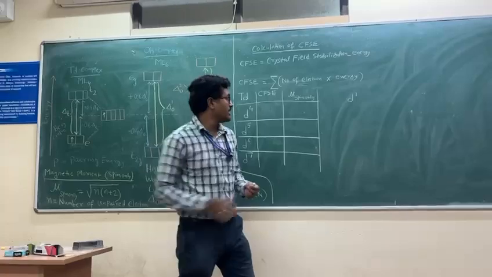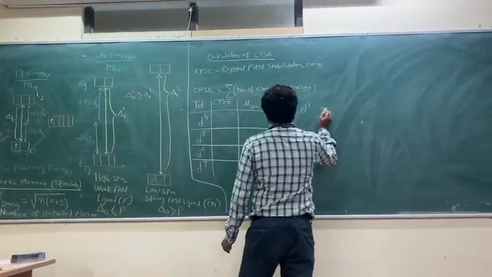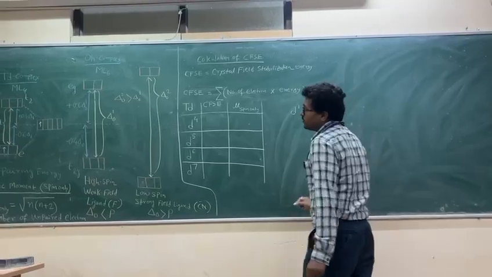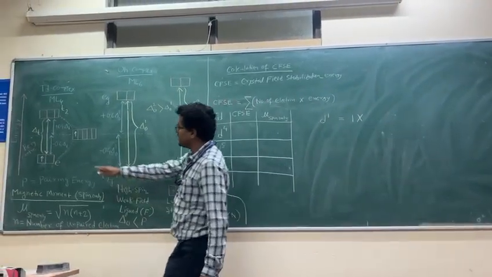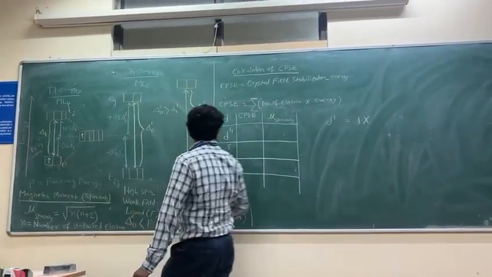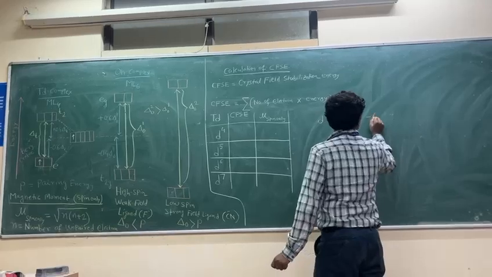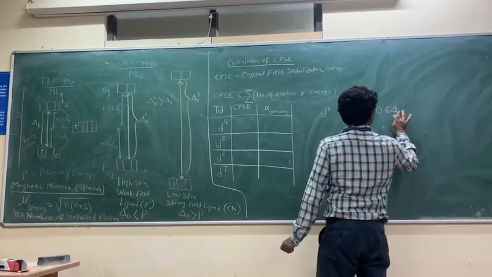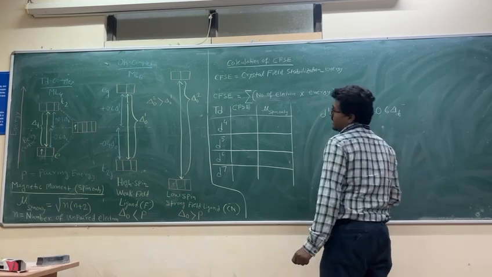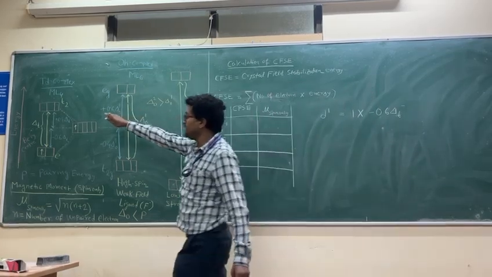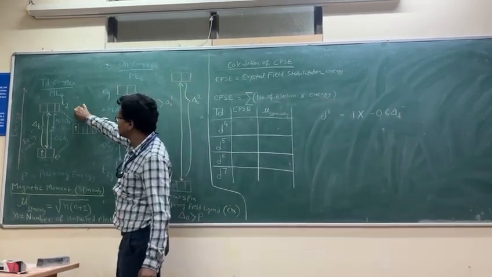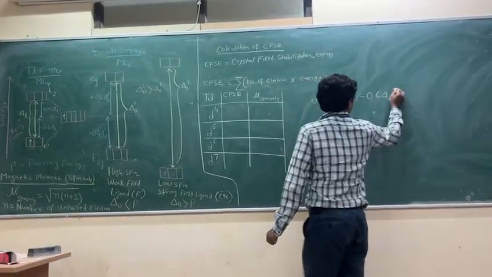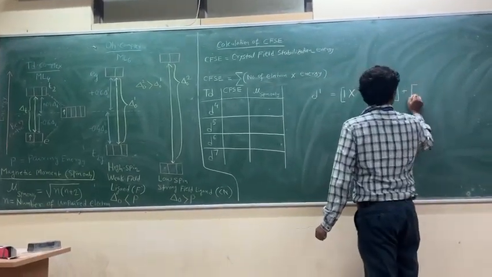the CFSE value for d1 will be: the number of electrons is 1, into the energy value here, which is minus 0.6 delta T. And in the eg level there is no electron, and in the T2 level there is no electron, so there will be no energy, plus 0.